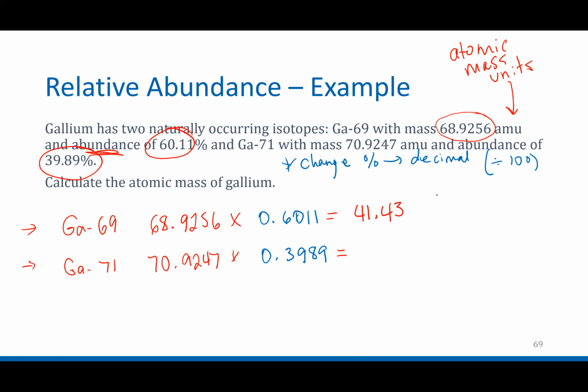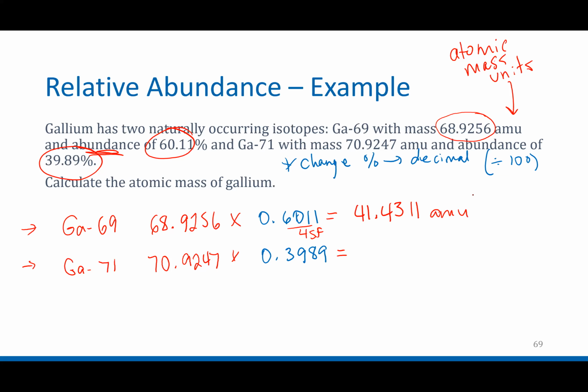Now, I can only use 4 significant figures in my answer, but I will keep a couple extra numbers in my calculation. Okay, the units for this are just AMU. I'll do it for the next one.